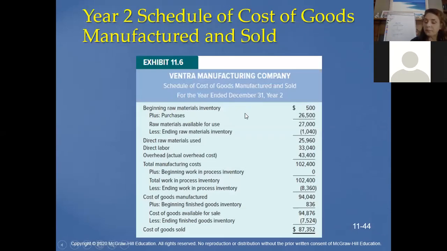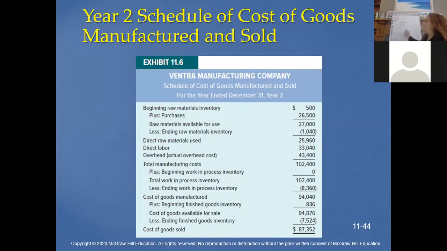This is very similar, if you think about it like this. The three parts of your manufacturing costs are materials, and then you have labor, and then you have overhead. So this is the start of your cost of goods sold statement.